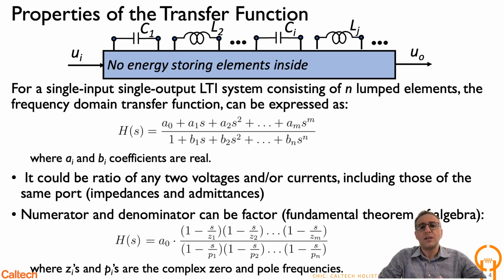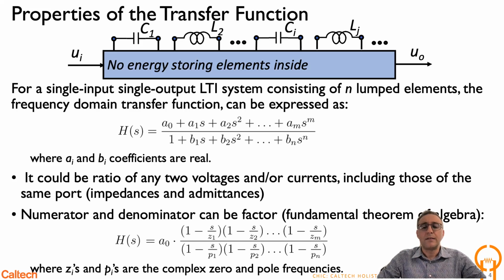Now, in general, for something like this, you can write a transfer function that has the following form, meaning that you have a numerator and denominator, with a set of coefficients Ai's and Bi's that are real coefficients. And this is a rational function if you have lumped elements like the ones that we have.